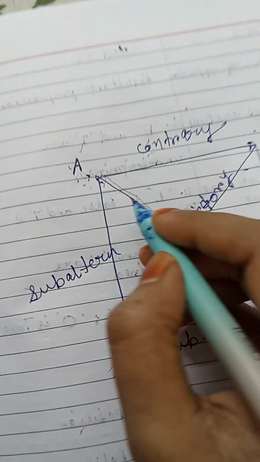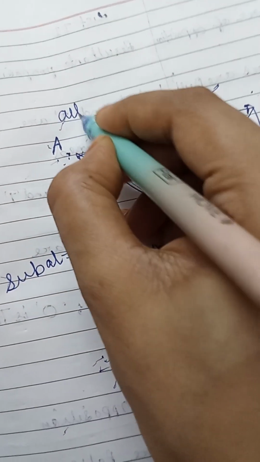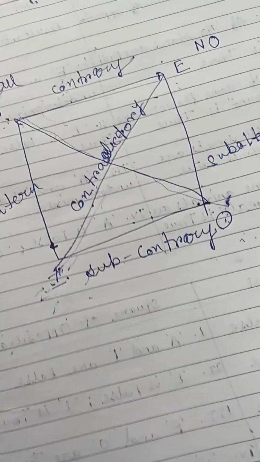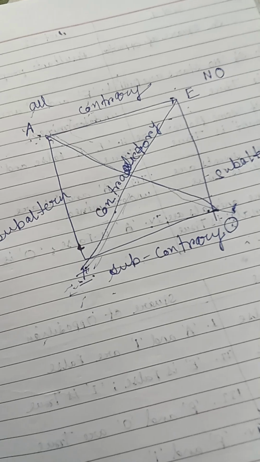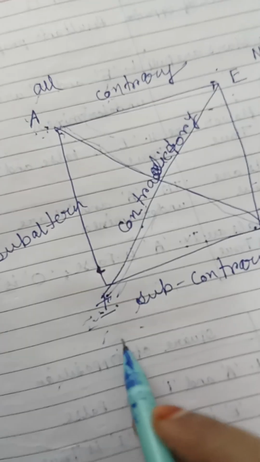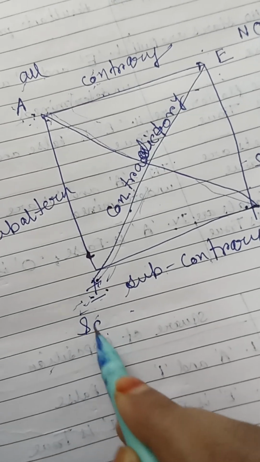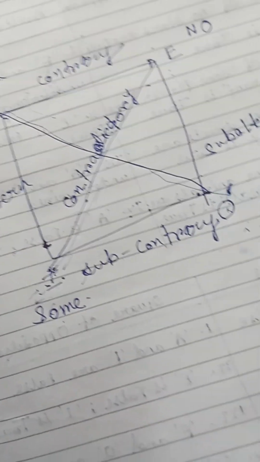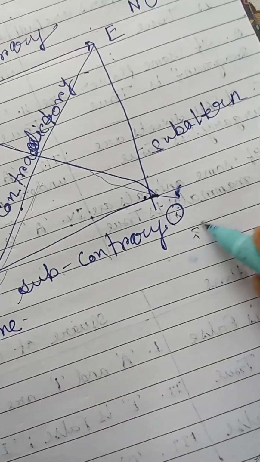A is called all. A for all. E for no. And I for some. Some eyes are really beautiful. And O, some not.